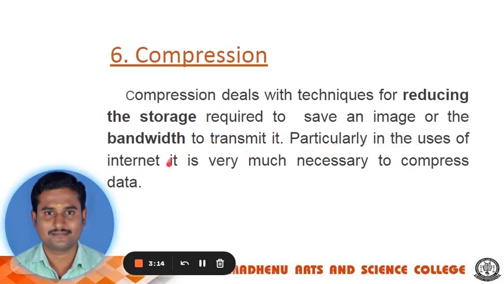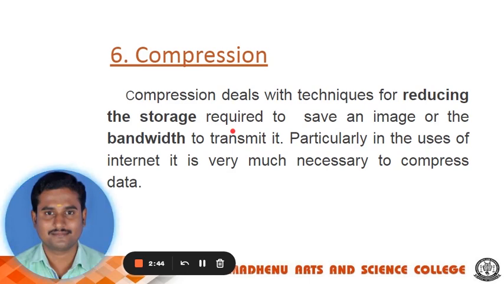Particularly in the use of internet, it is very much necessary to compress the data. Especially when you want to transfer a certain amount of images or pictures from one place to another place, it is not possible to transfer the raw image as it is. For example, if we have 1 GB of pictures, it's not possible to transfer over the network.